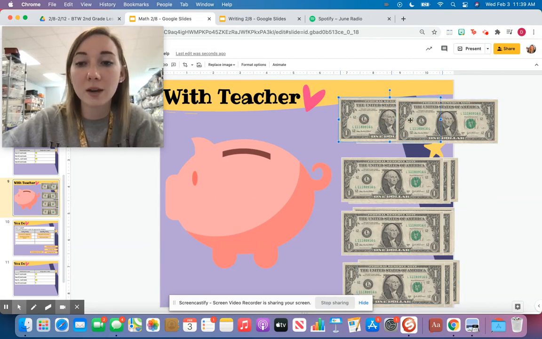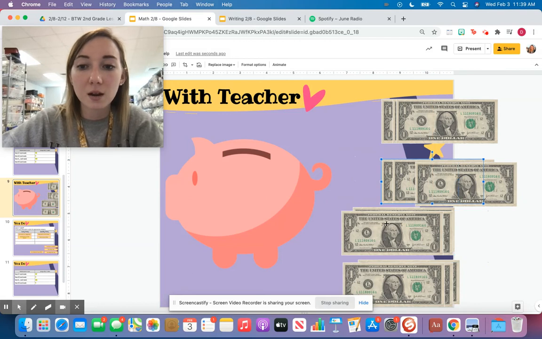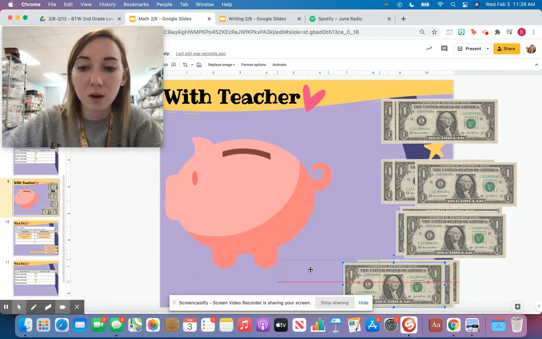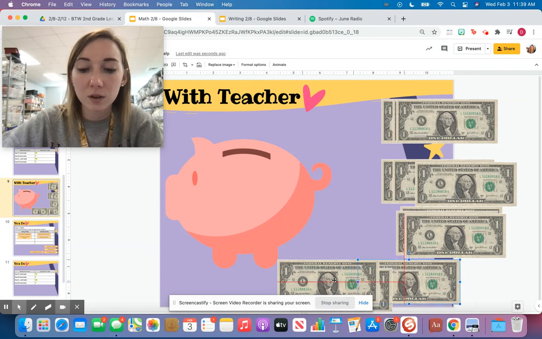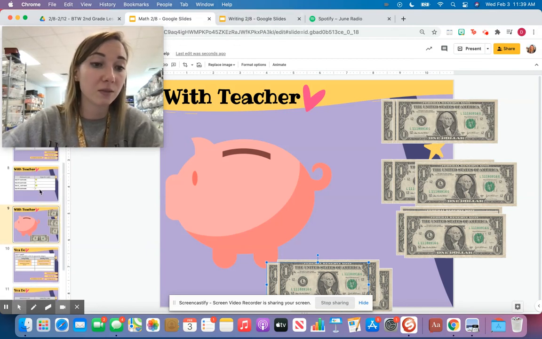We had 1, 2, 3. 1, 2, 3. 1, 2, 3. And 1, 2, 3. So there were $3 in each week that we saved to get to 12 at the end of the 4 weeks.